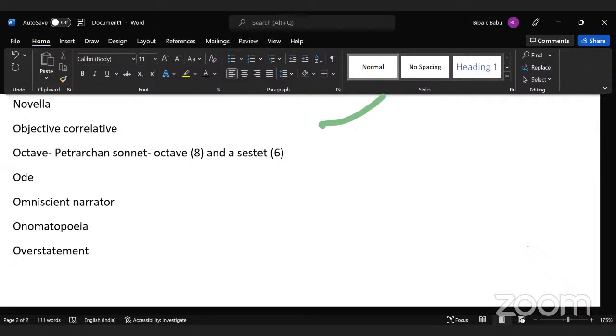Overstatement is an act of saying something very profoundly and deeply to make it appear more serious. You say something very seriously, going in depth on the thing and making it a big thing, making it sound more serious. That is overstatement.